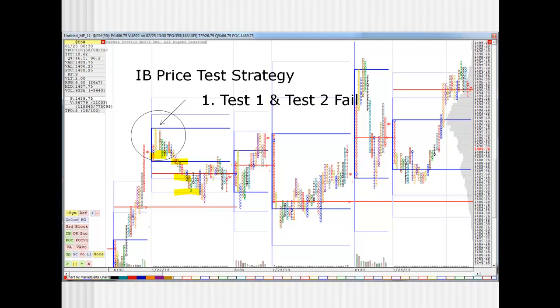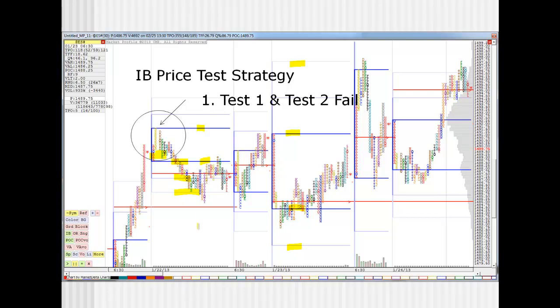Now keep in mind that with a tight or a small IB range, the realization of the first and the second target are quite high. Once we begin to see wide initial balances, as we do in this case here, the chances that we would get to a 150% or a 200% get reduced significantly. So keep that in mind.